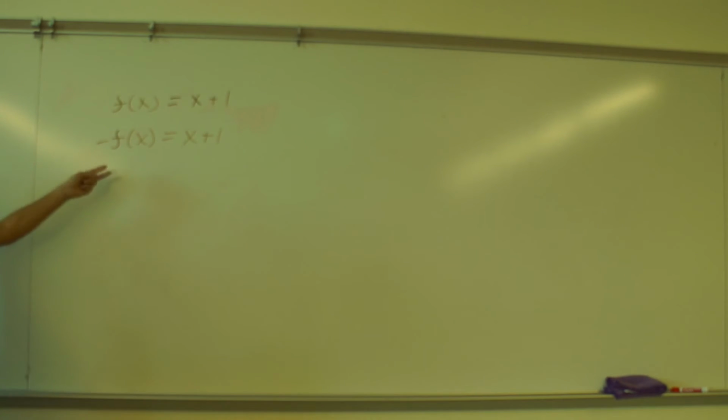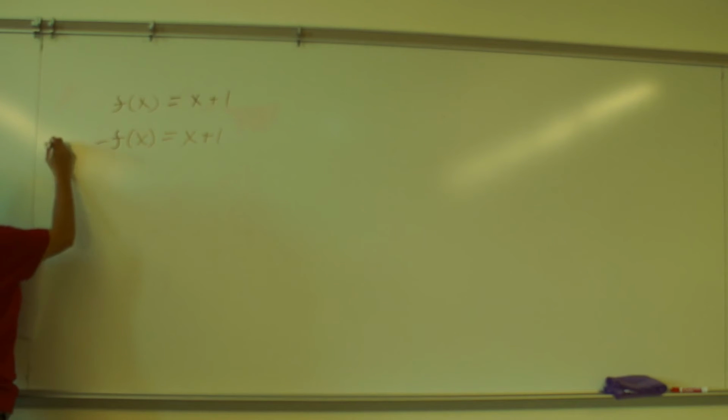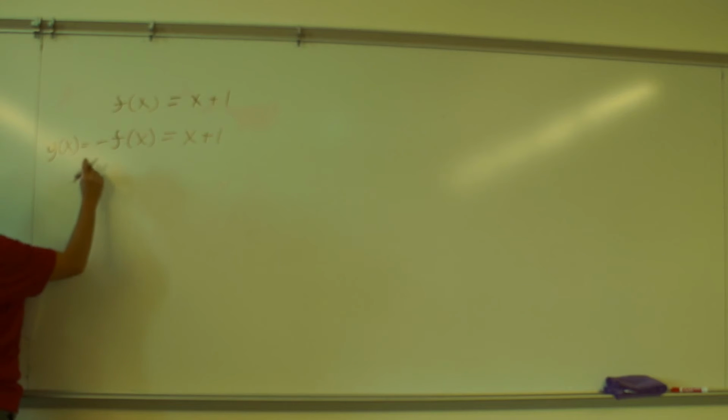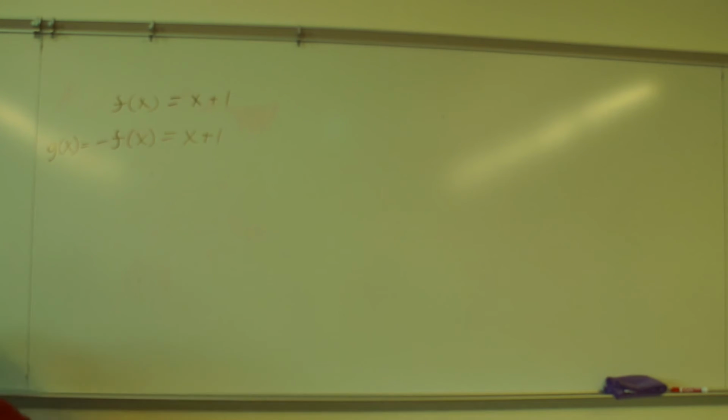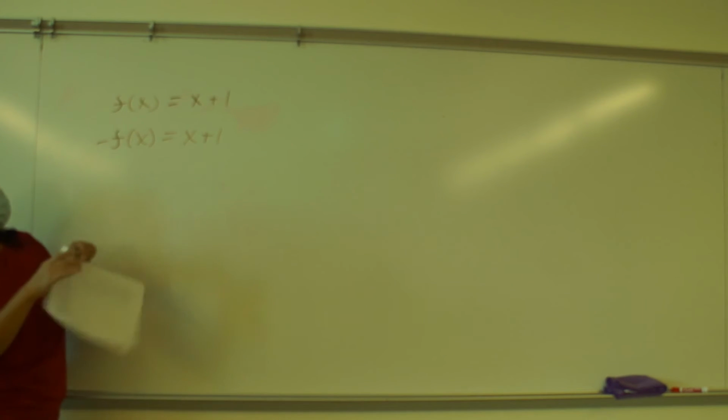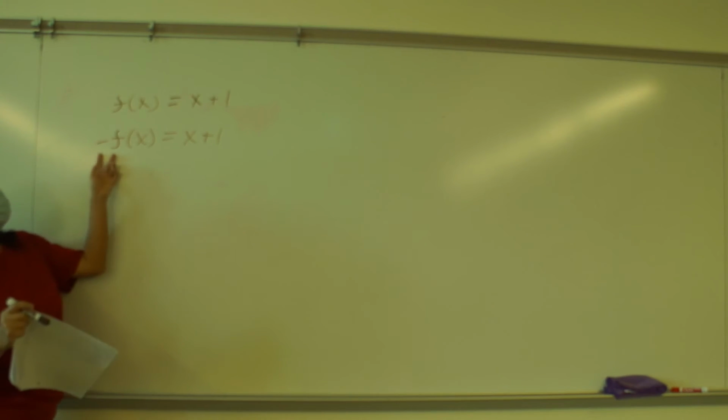But you usually wouldn't leave it at negative f of x. I would solve for this. So the new function, g of x. If I were to solve for this, what would I have to do?